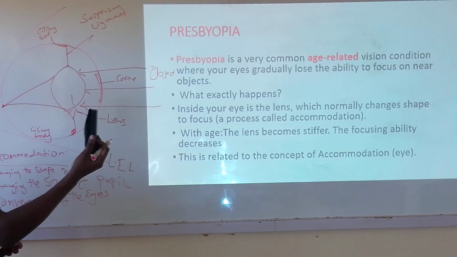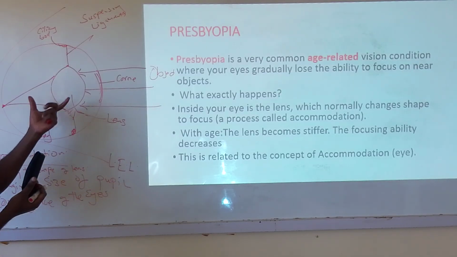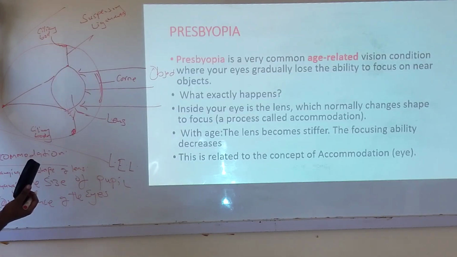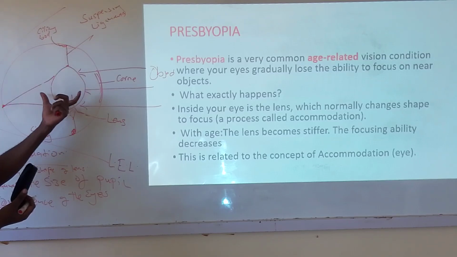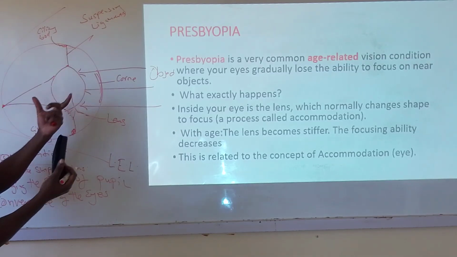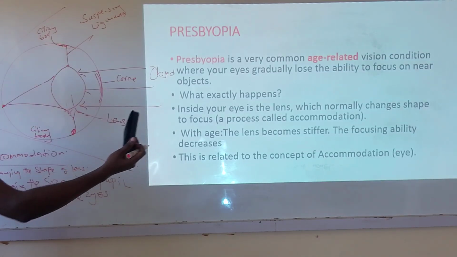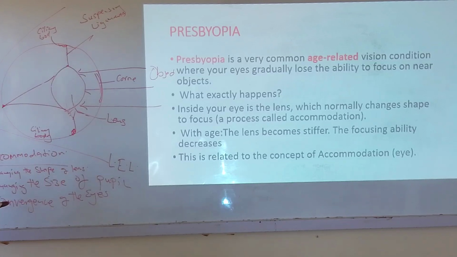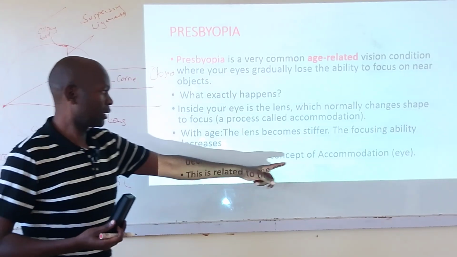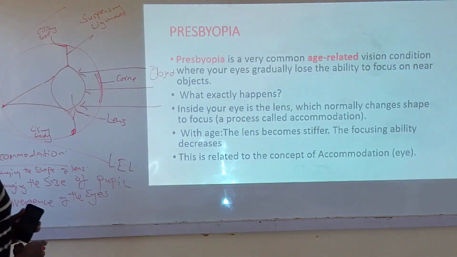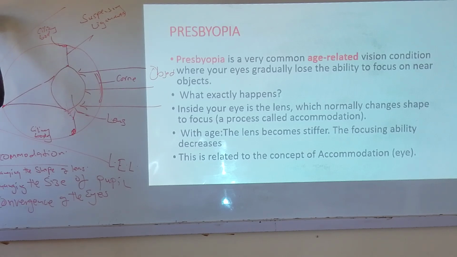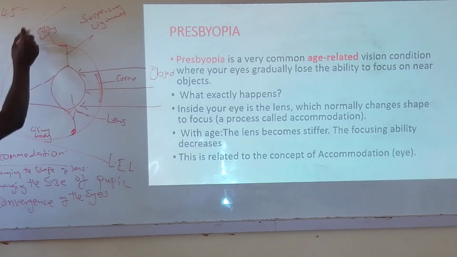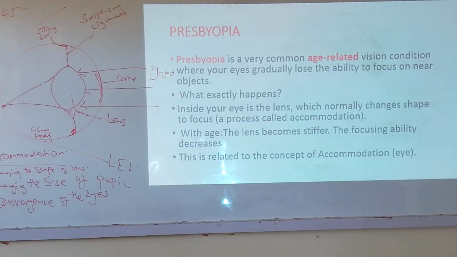Because when you move it closer here, the lens have lost elasticity because of age, and therefore they cannot change the shape and bring that object into focus in the process we refer to as accommodation. And this problem starts in patients with about 40 years, 45 years onwards. That is when this problem starts setting in.